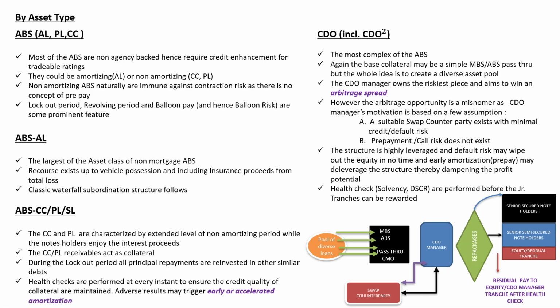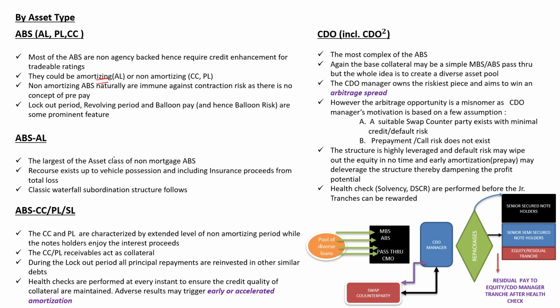The other asset classes that we ought to know, and this is fairly simple as far as your level 1 syllabus is concerned, and I'll just touch base upon them because they are really not much beyond this particular slide. So the other asset classes are basically the auto loan, personal loan, and the credit card receivables. Now in this, the primary difference between the auto loan and the rest of the loans is that the auto loan typically could be an amortizing type.